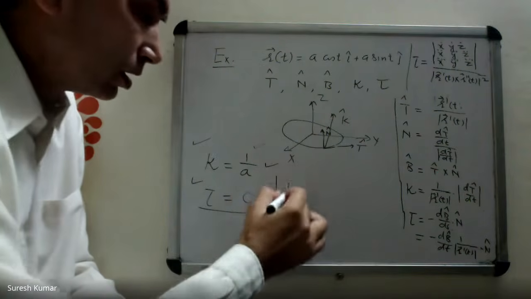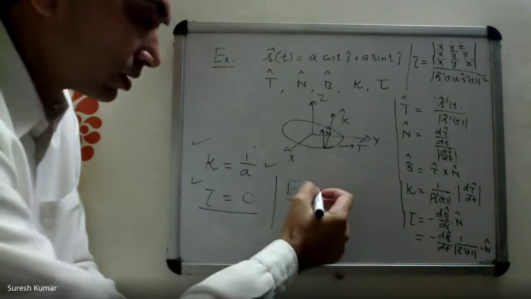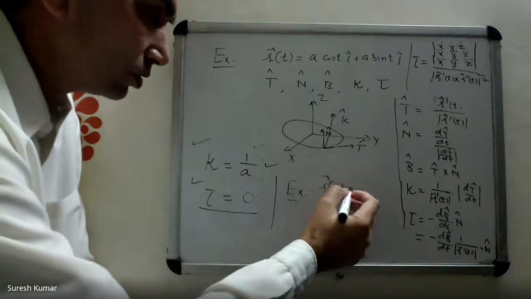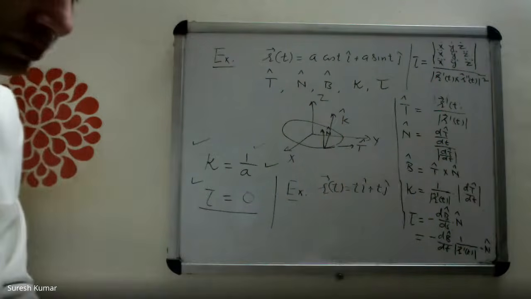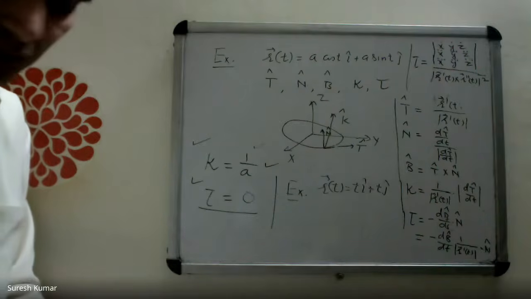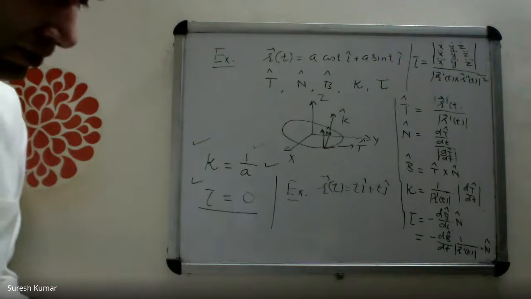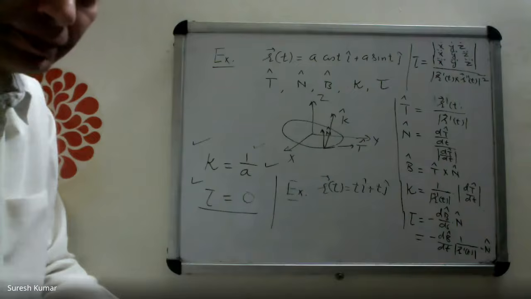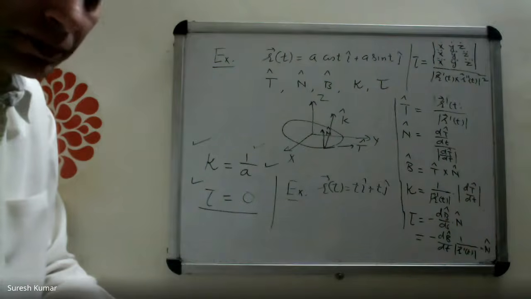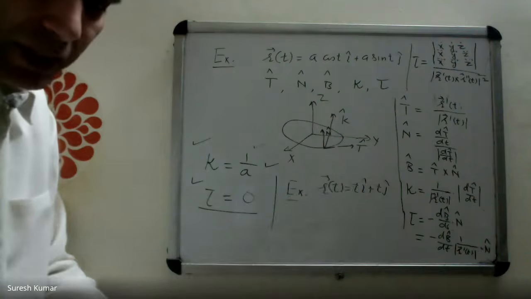Okay. Let's see another example for curvature. Suppose I write r(t) equal to t i cap plus t j cap. First of all, tell me what it is and what the curvature is for it. Is it a straight line in the xy plane?